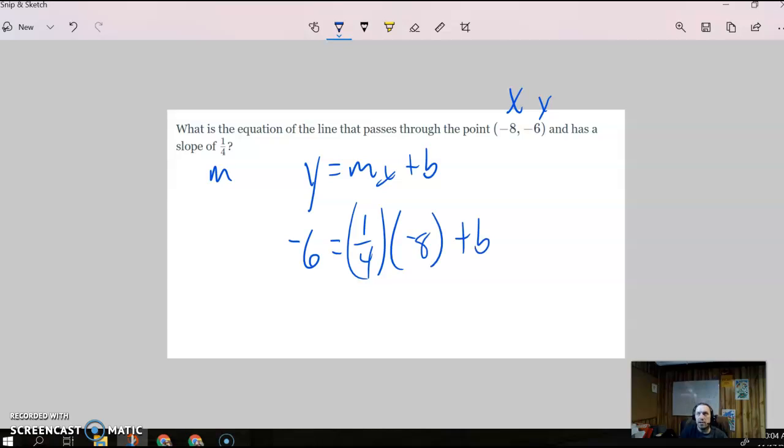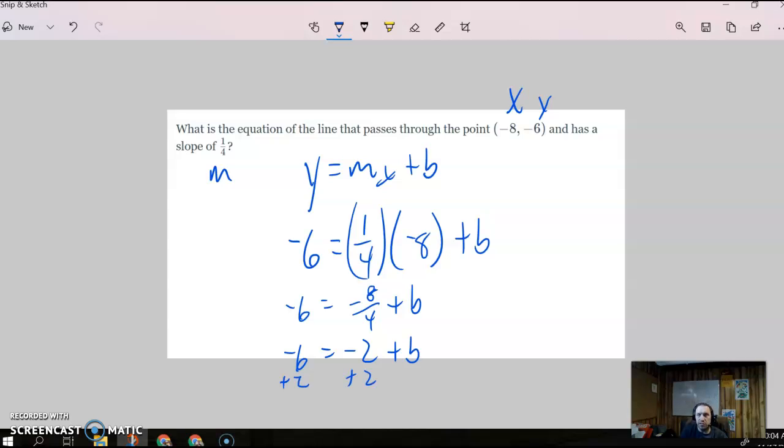Okay, so I substitute in, and I get negative 6 is 1/4 of negative 8. Well, 1 times negative 8 is negative 8, over 4, plus b. Negative 6 equals negative 2 plus b. How do I get the negative 2 to the other side? I add 2.